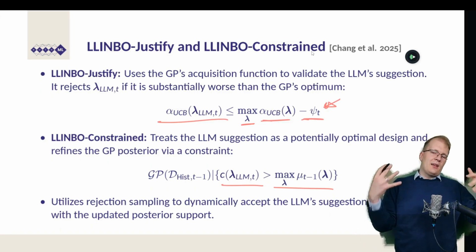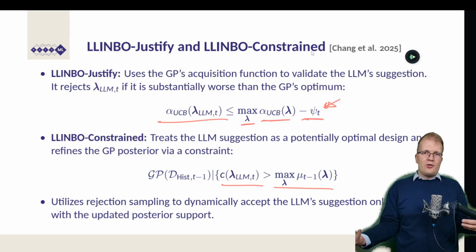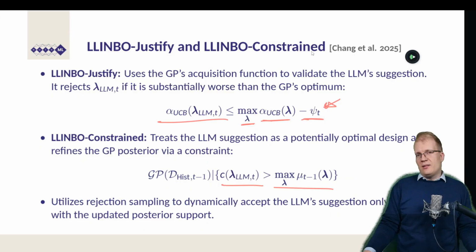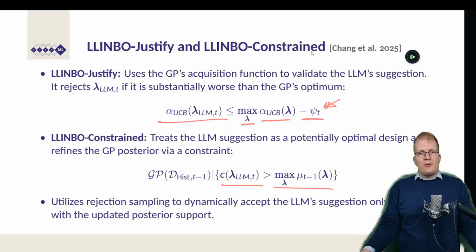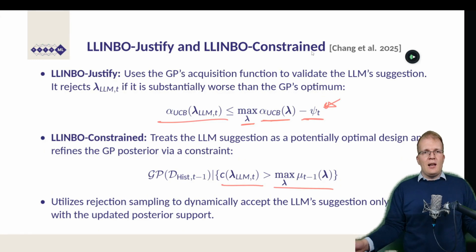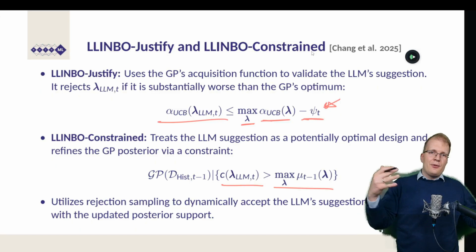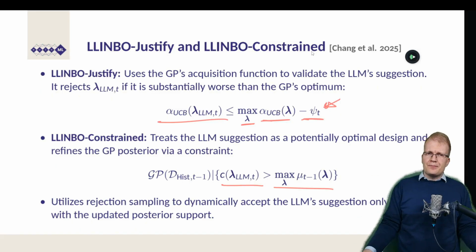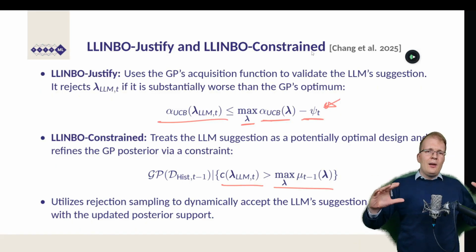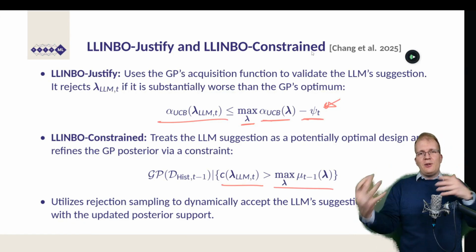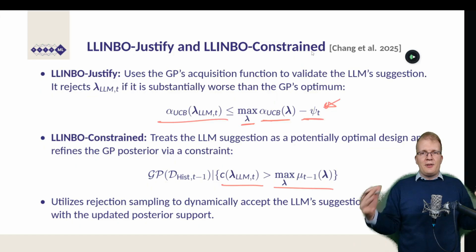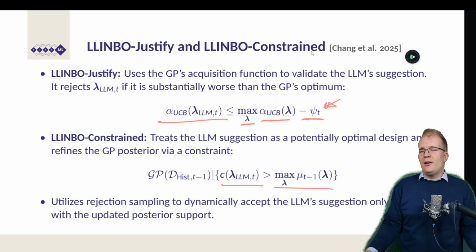Nevertheless, we can then fully leverage all the properties of the GP; we have only biased it in a certain way. By utilizing this rejection sampling dynamic, we accept the LLM suggestion only if it aligns with the updated posterior support. Again, this is in the mindset that if the LLM is producing complete nonsense, we should not use it. If it's fine, we can leverage that information.